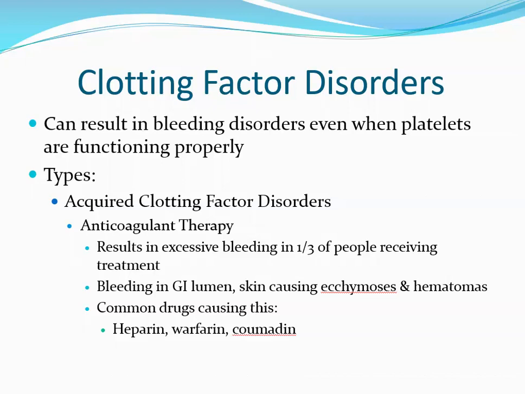This results in excessive bleeding in roughly a third of all patients receiving therapy. You will see bleeding into the GI lumen, skin ecchymoses, and hematoma. The drugs that are used as anticoagulants, the more common ones, heparin, warfarin, and Coumadin, are all susceptible to causing this. This is why people receiving these therapies need to have routine blood work done.